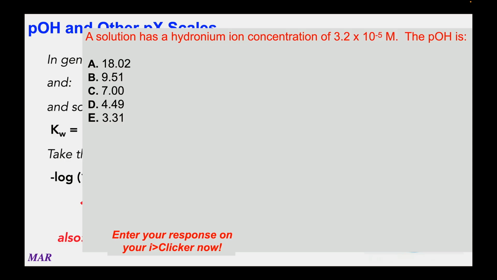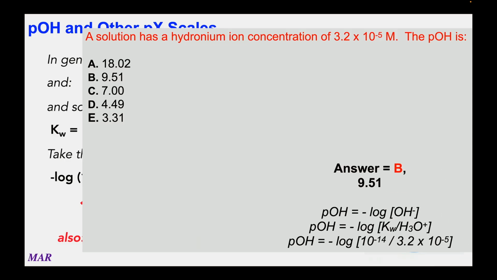What I would probably do here is first solve for hydroxide, because Kw equals Ka times Kb, but Kw also equals, as we saw, hydronium times hydroxide. So if hydronium is 3.2 times 10 to the minus 5, and we want the hydroxide ion concentration, then Kw divided by 3.2 times 10 to the minus 5 should give you the hydroxide value. And once you have hydroxide, minus log of hydroxide will give you pOH.